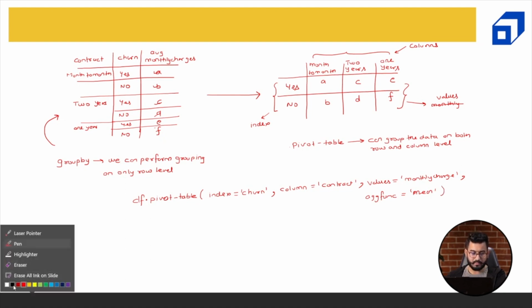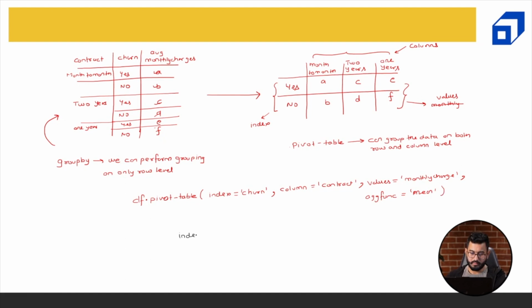So pivot table takes 4 inputs. Number one, index: what you want to keep on your rows. Then we have columns: what you want to keep on your column level. Then values: with which column we need to fill the table.